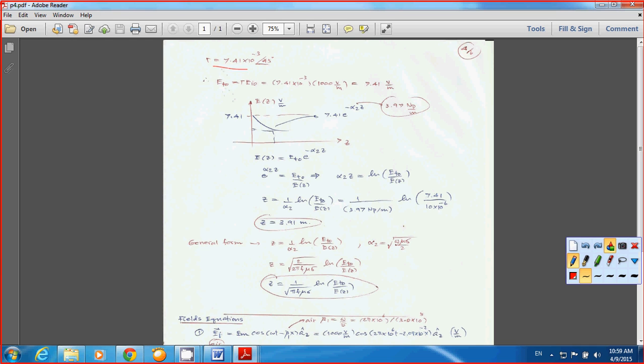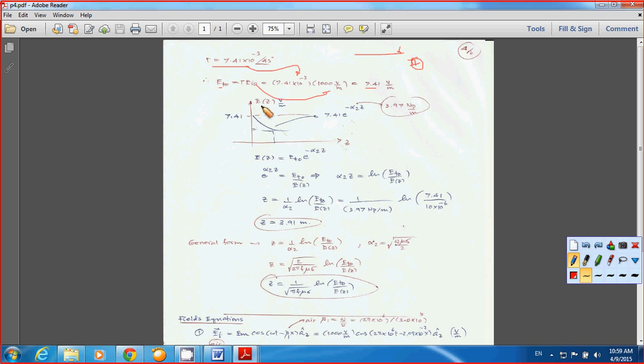When you have tau equal to 7.41 times 10 to the negative third, at 45 degrees, your E_t0, that means the magnitude of the electric field in medium number 2 at the boundary, is going to be tau multiplied by E_i0. So you multiply tau by E_i0, 1000 volt per meter, and you have 7.41 volt per meter.